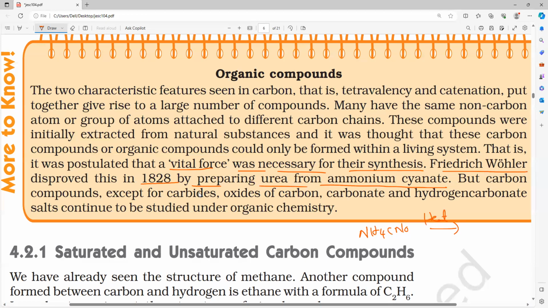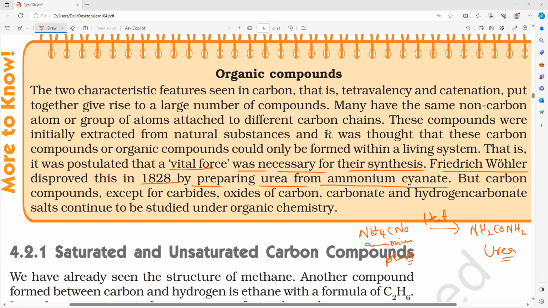He just heated it, it rearranged and turned into urea. After this, they understood that we don't need any animal or plants to prepare organic compounds. We can prepare organic compounds even more easily in the laboratory. That is all about the vital force theory.